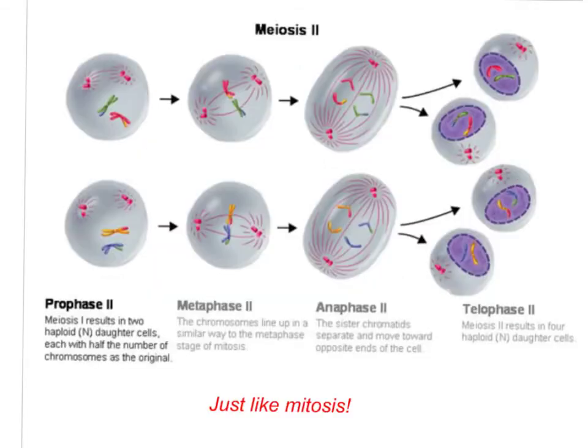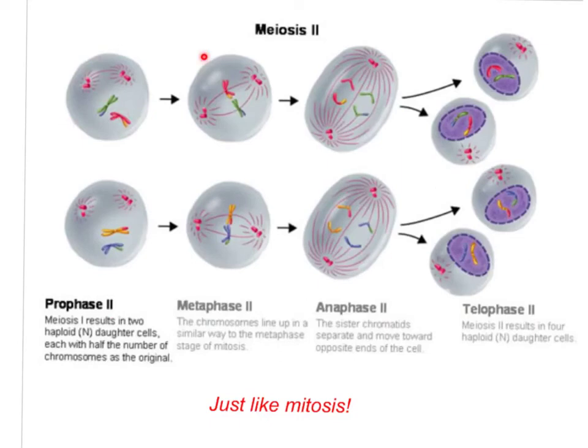Now we're ready to enter Meiosis II, the second round of this meiosis process. We do PMAT again, but it will be prophase 2, metaphase 2, anaphase 2, and telophase 2. And this process is very much like mitosis. We enter prophase, where, taking one of the daughter cells from meiosis one as an example, the nuclear envelope dissolves.